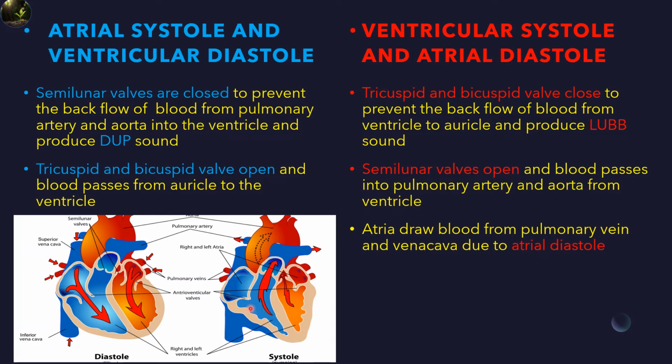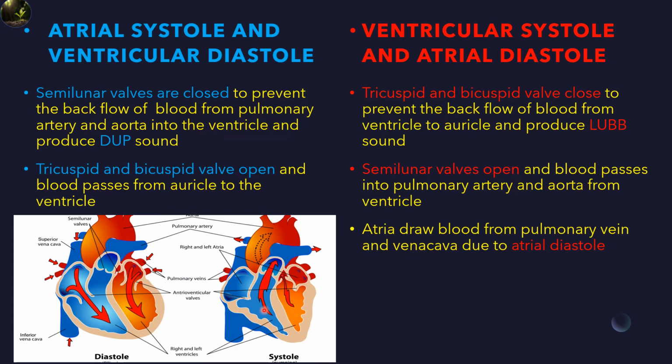That we call ventricular systole. The ventricle will contract. Then blood present in the ventricle will enter into the pulmonary artery and aorta. From the right side of the heart, the right ventricle, it will enter into the pulmonary artery. On the left side, the left ventricle, it will enter into the aorta.